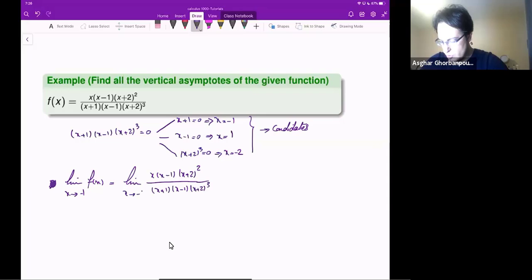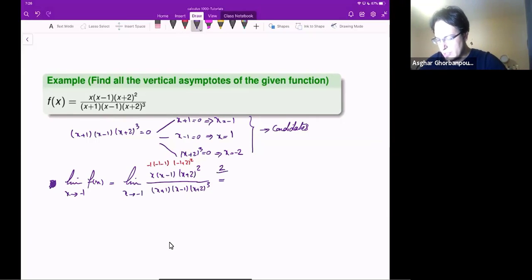As x goes to negative 1, you notice that in the numerator we will have negative 1 times negative 1 minus 1, and negative 1 plus 2 squared. That number in the numerator is indeed what, 2? Yes.